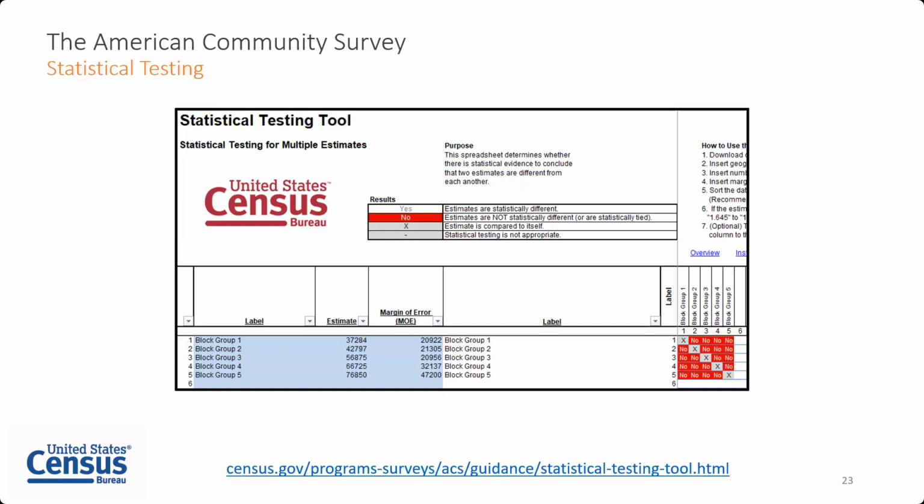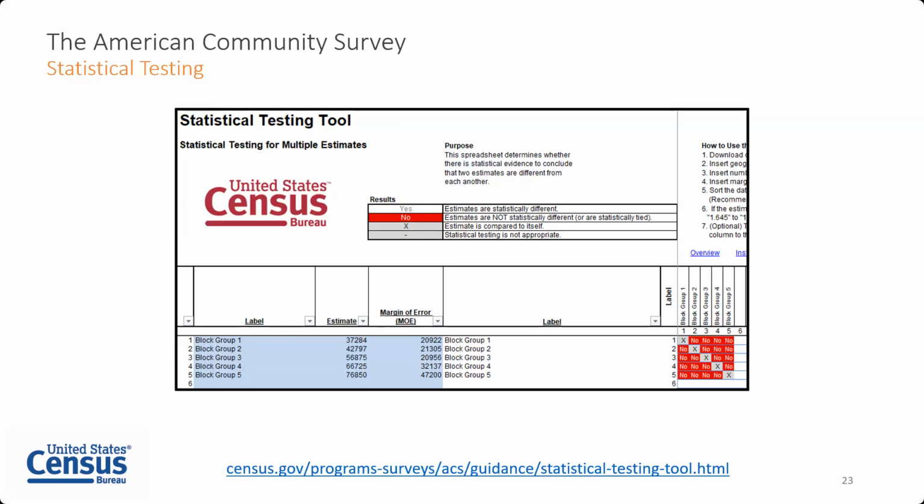A comparison of an estimate to itself is noted by a gray square with an X. When statistical testing is inappropriate, a gray square with a dash through it will appear. Otherwise, the notations are the same, with significant differences denoted by a white square with yes, and non-significant differences denoted by a red square that reads no. A key of these notations is given at the top of the spreadsheet for reference.